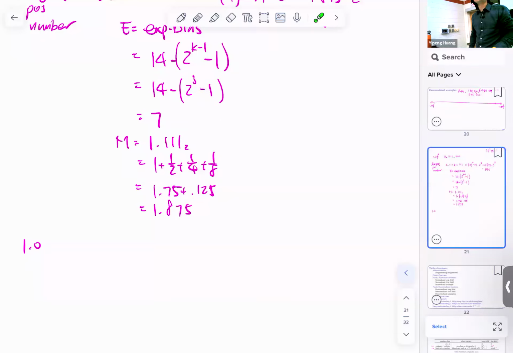What I'm going to do next is also important. I ask you about an important number, 1.0, and what's the representation of that in this binary floating point system? It's not super straightforward, so we have to decode this. How should 1.0 be encoded?